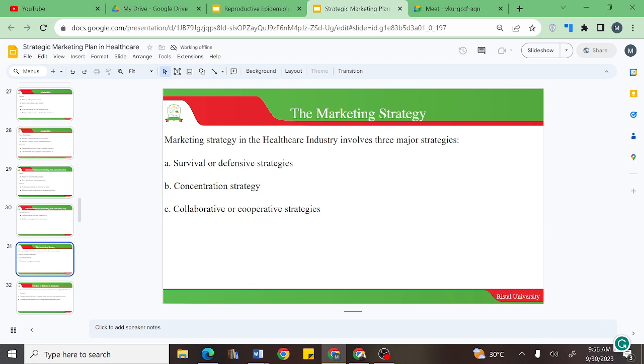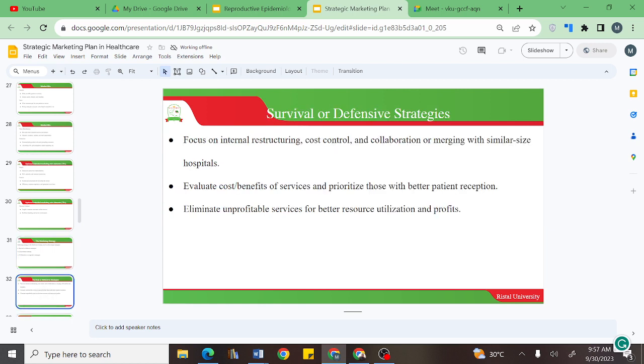Okay, so we can categorize the major marketing strategies into three: survival or defensive strategies, concentration strategies, and collaborative or cooperative strategies. Survival or defensive strategies focus on internal restructuring, cost control, collaboration, or merging with similar hospitals.